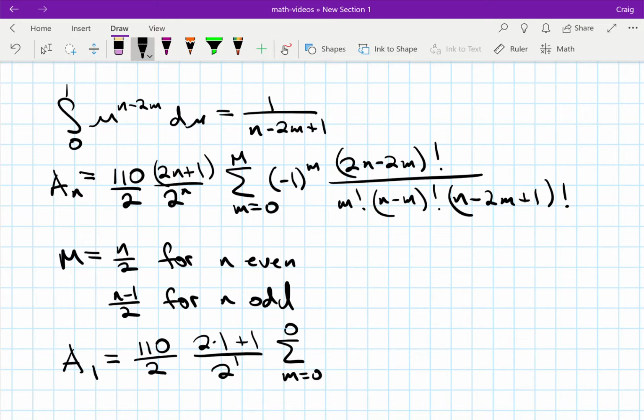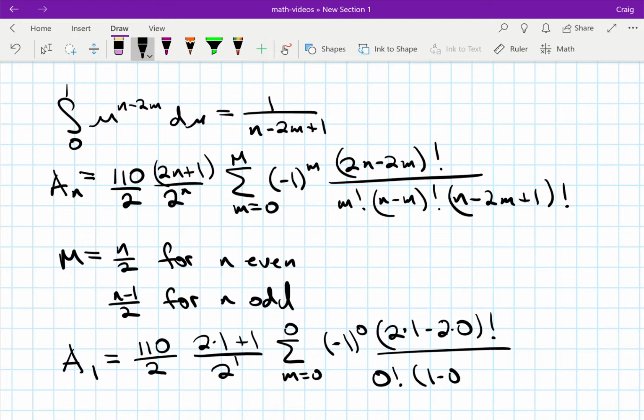That means there's really only one term. And so I have minus 1 to the 0. And then I have 2 times 1 minus 2 times 0 factorial. That's a 2 factorial divided by 0 factorial, also known as 1. And then I have 1 minus 0 factorial. That's also 1.